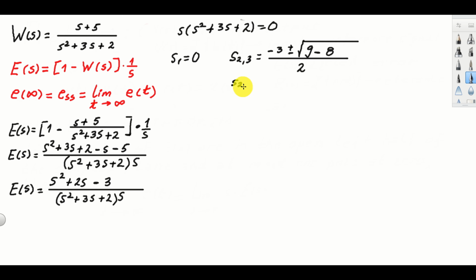Consequently, s2 and s3 are minus 3 plus minus 1, divided by 2. So s2 is minus 3 minus 1, that's minus 4 divided by 2, that's minus 2, and s3 is minus 3 plus 1, that's minus 2 divided by 2, that's minus 1.